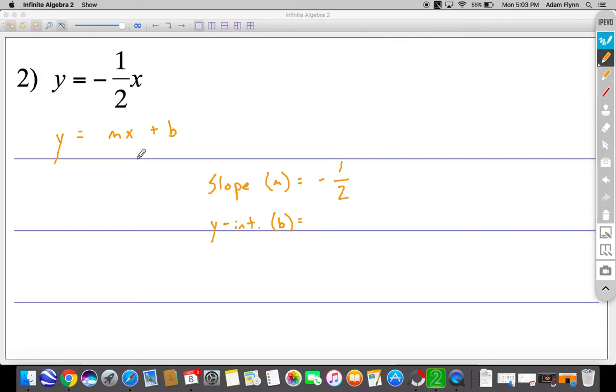And now my y-intercept, I have no number attached here. Okay, so that would be the same thing as having a +0 on the end. So when I've got no number attached to my mx, my y-intercept, or my b, is going to be 0.